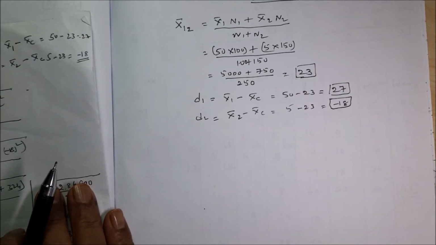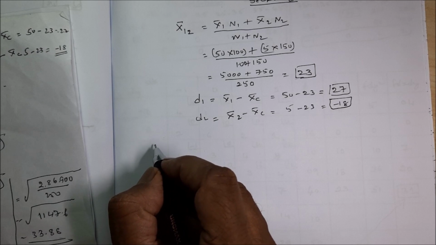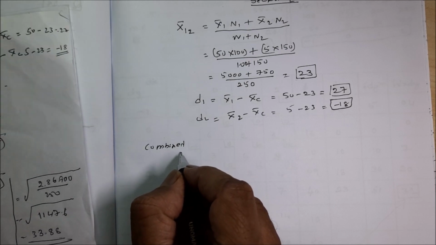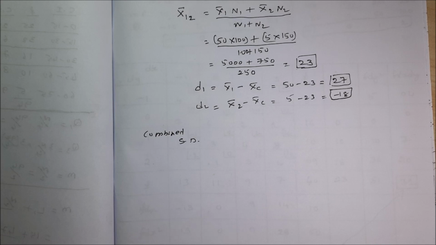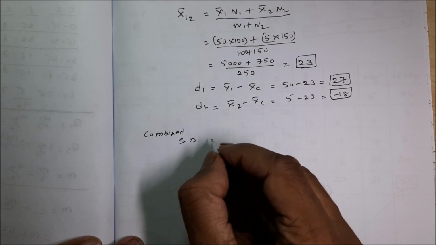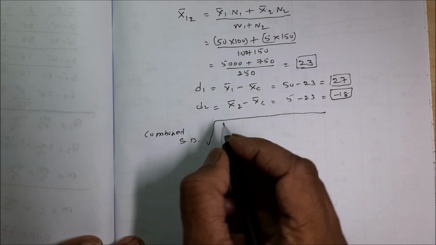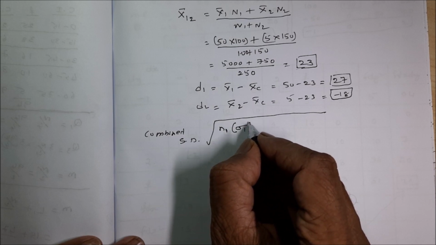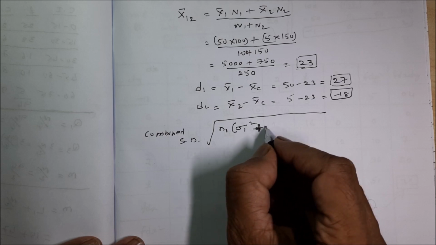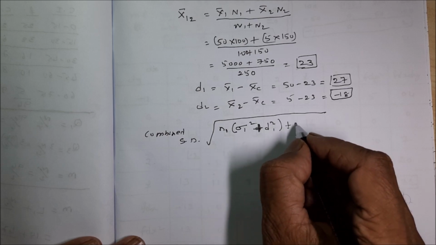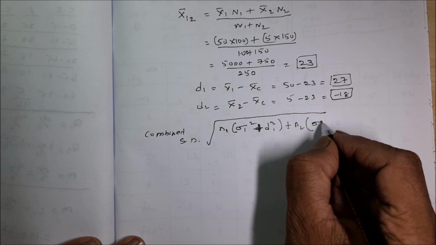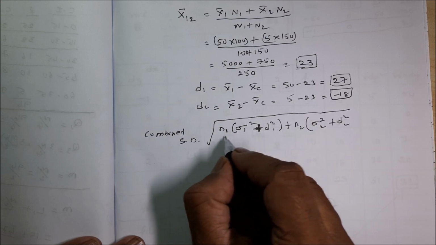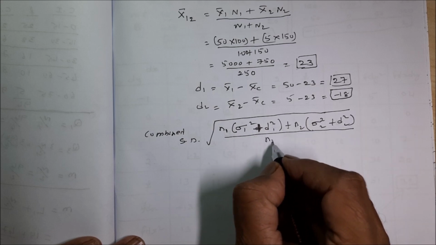Then you write the combined standard deviation: the square root of n1 into (standard deviation 1 squared plus d1 squared) plus n2 into (standard deviation 2 squared plus d2 squared), whole divided by n1 plus n2.